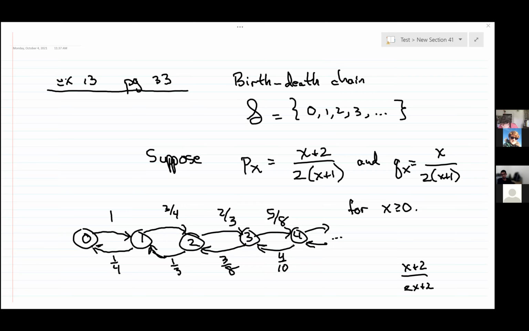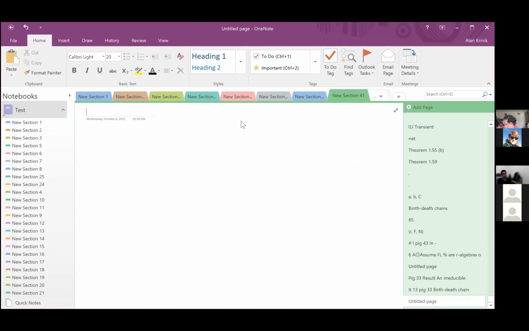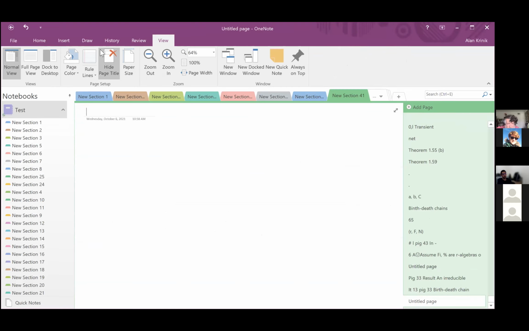All right. So let's just add a new page and put some lines on it, then we're off and running.